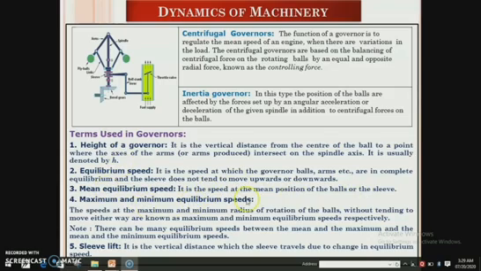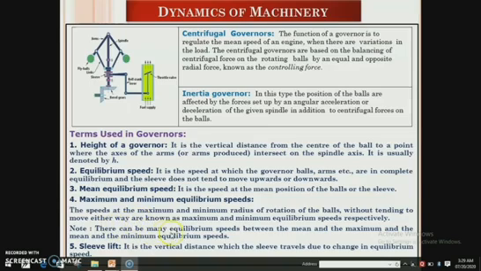Maximum and minimum equilibrium speeds. The speeds at the maximum and minimum radius of rotation of the balls, without tending to move either way, are known as the maximum and minimum equilibrium speeds respectively.